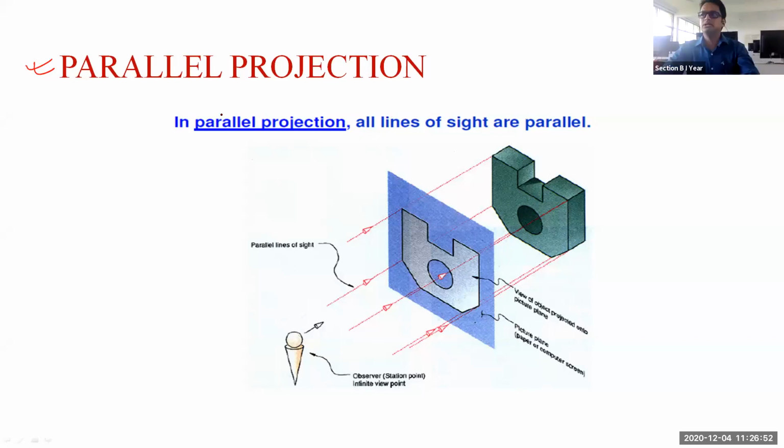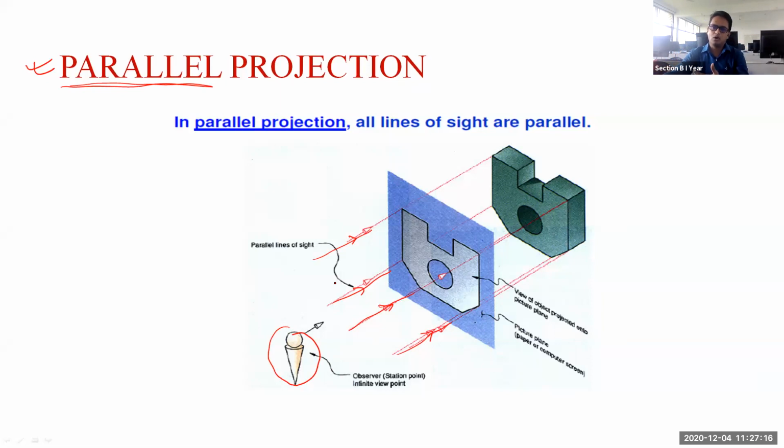You have to pay attention here. Here you can see, as the name itself tells you, it is parallel. So light rays are parallel, or the projector lines, you can say, they all are parallel to each other. They are not originating from a single point. This is your observer.